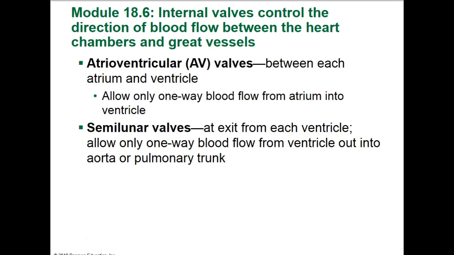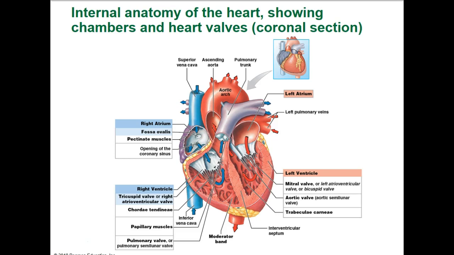And we'll talk about the AV valves in a minute because there are other names for them, as we've mentioned before. But it's much simpler to simply call them atrioventricular valves because it makes sense, because they are between the atria and ventricles. This picture actually does give you the other names for the valves as well. The right AV valve, we also call either the right atrioventricular valve or the tricuspid.